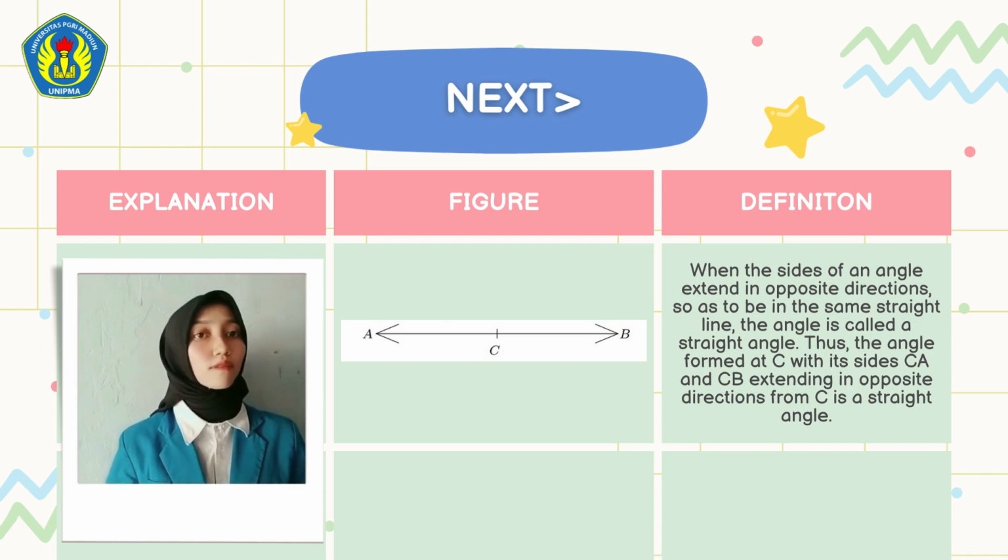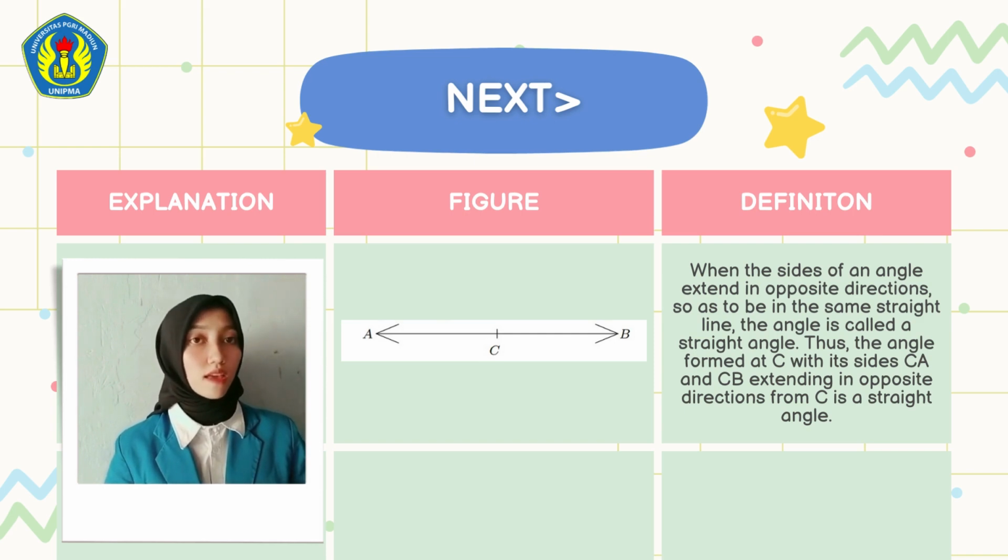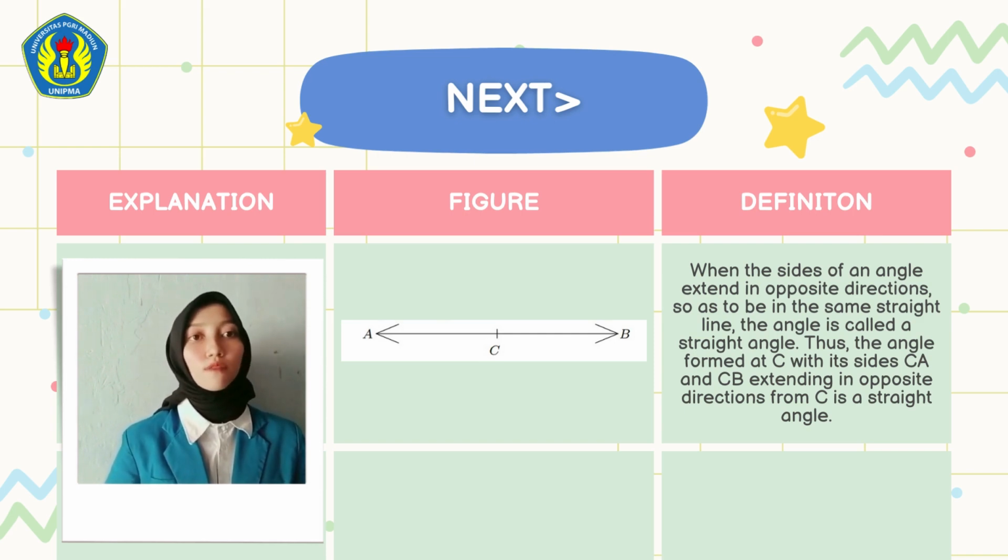Thus, the angle formed at C with its sides CA and CB extending in opposite directions from C is a straight angle.